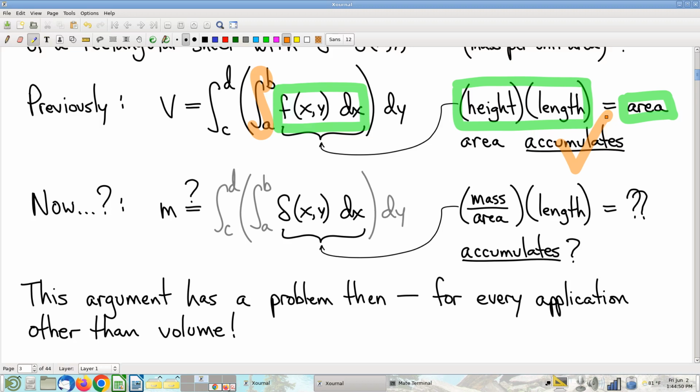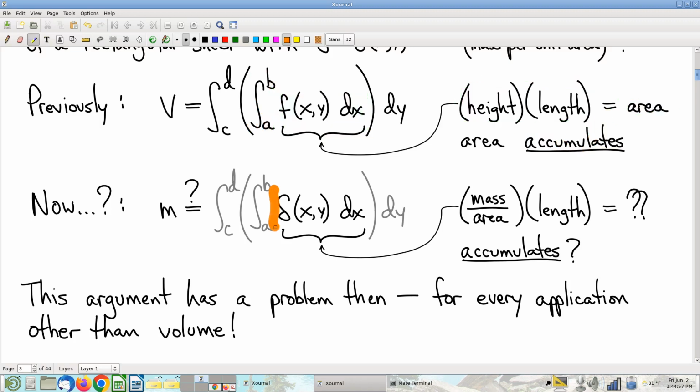All right, well now let's consider how I would make sense out of this thing here. If I'm looking again, the first thing I would have to understand if I want to write down this expression is mass per unit area times length. And I don't know what that is.